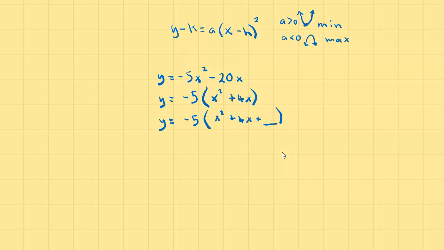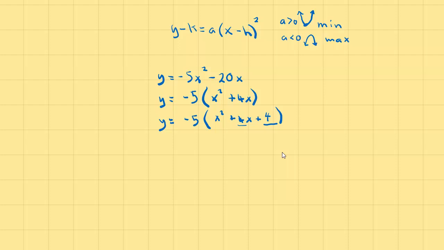Now, I'm setting this up this way because we're trying to turn x squared plus 4x into a perfect square trinomial. And so we're going to put a number in the blank space that will make it a perfect square trinomial. So you always look at the coefficient of x, which is 4. So you ask yourself, what's half of 4? Well, that's 2. And what's 2 squared? 4. So it's always half of that coefficient, squared. In this case, they both happen to be 4, but it won't always turn out like that.